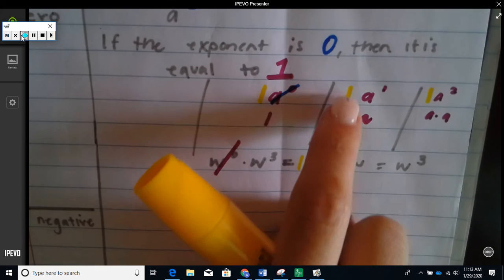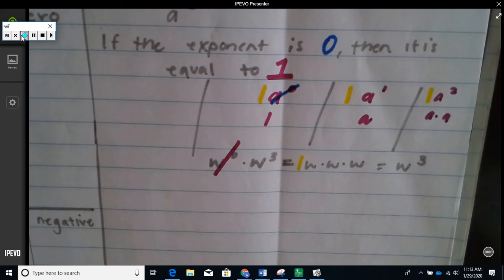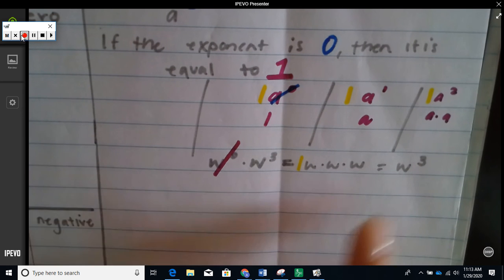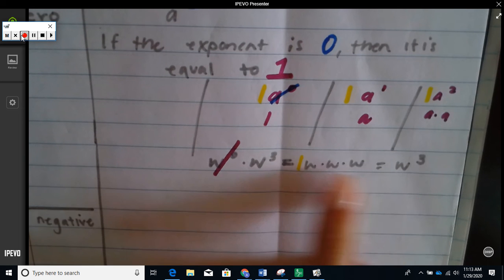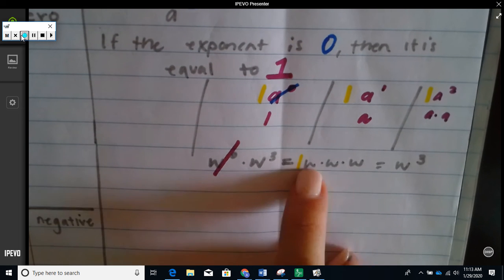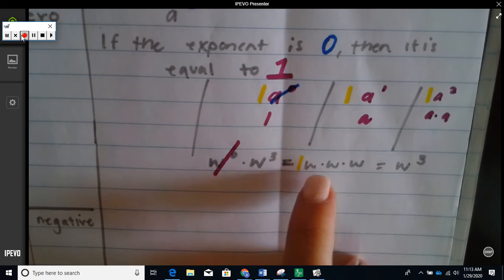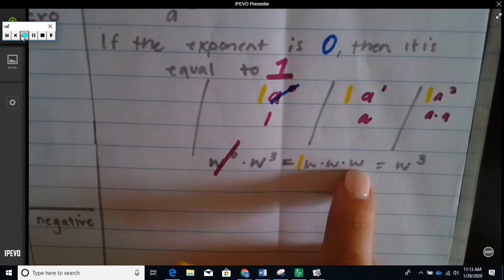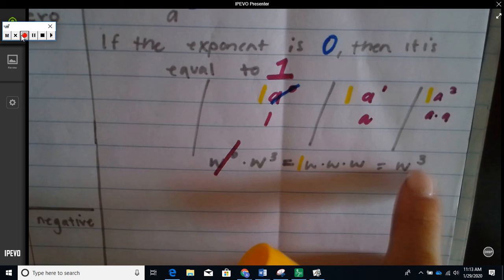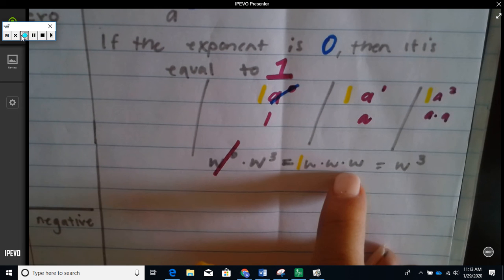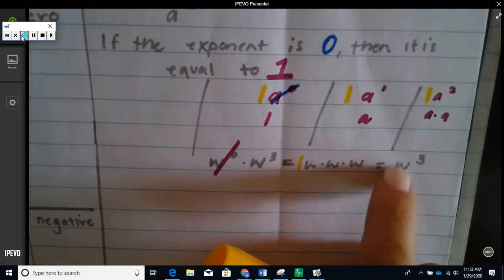We just simplify that. When you did the start test, if you wrote this, that would be correct. But when you see the answer choices, you're not going to see the 1 in front of it because it's simplified.